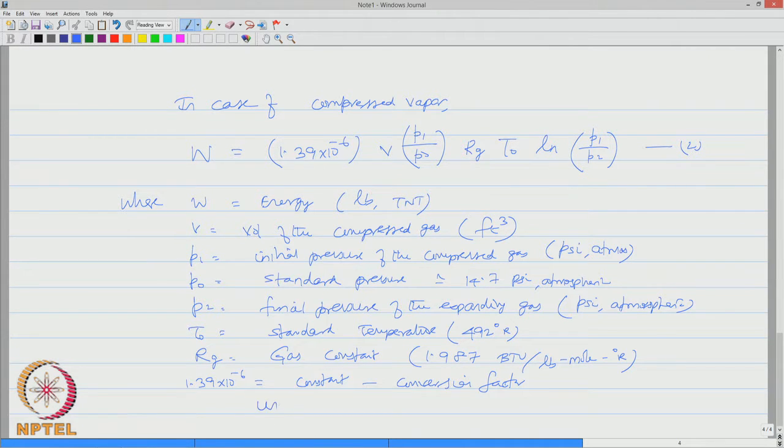The units of this conversion factor are lb mole pounds TNT divided by feet cube Btu.